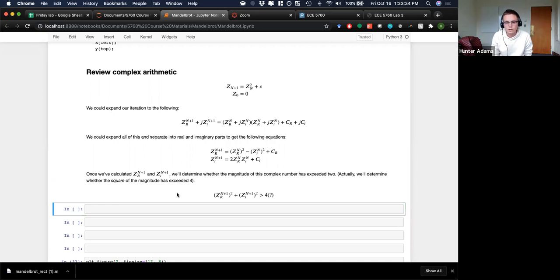And you can take note of something here, which is when we calculate ZR n+1 squared and ZI n+1 squared, in the next iteration, we can reuse those, right? When you check to see if your complex number has exceeded this threshold, that will require squaring ZR n+1 and ZI n+1. So you're going to have to do that. If you just save those values, then you don't have to square them again when you go back up here and recompute for the next iteration.